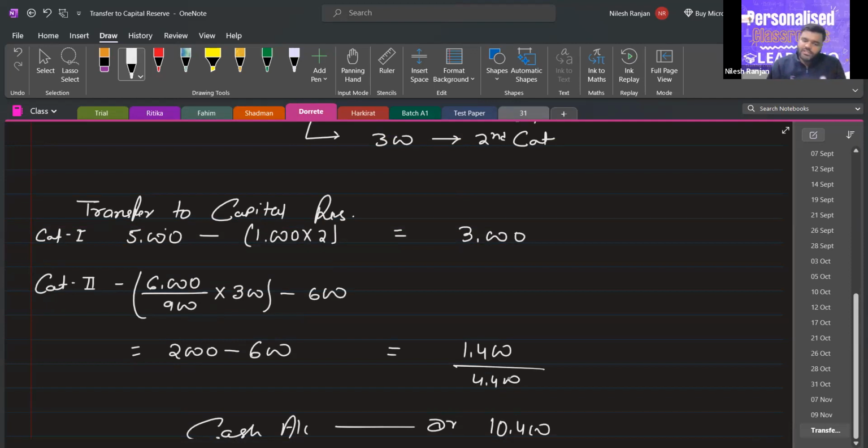Okay, so this is the last part of this chapter. After that, we will start issue of debentures from our next class. Do you have any doubt in this whole chapter, accounting for share capital? No, sir. Could you show the balance sheet presentation for this question?